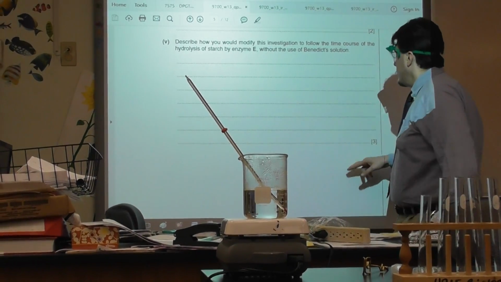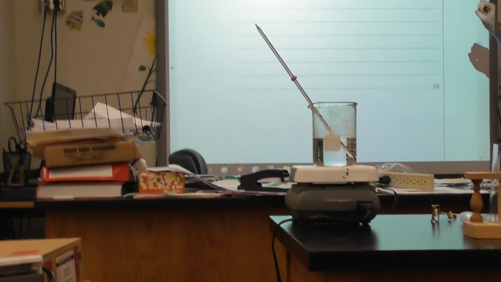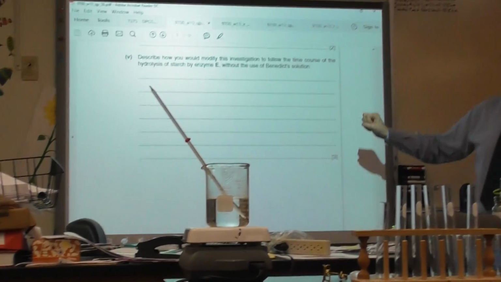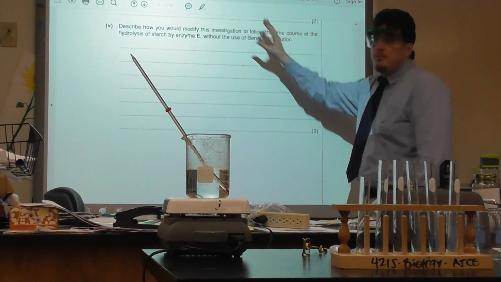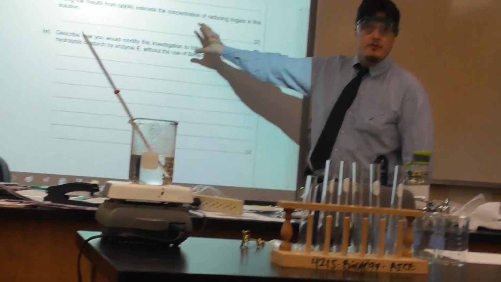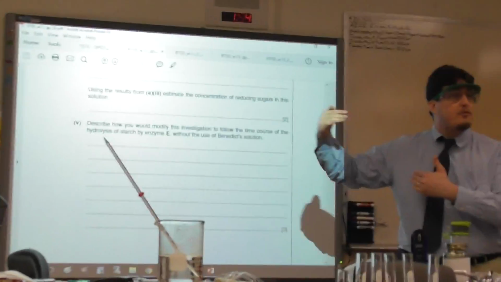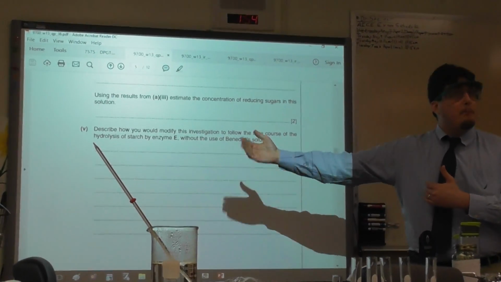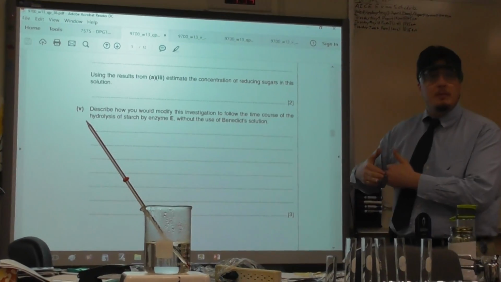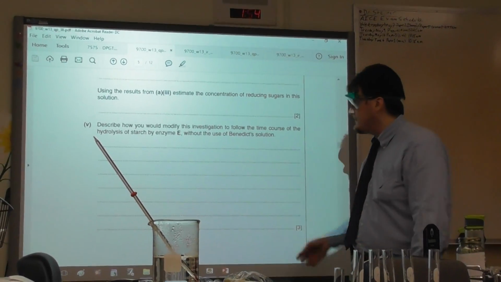All right. So that's worth 3 points to you, describing how you would test for starch without Benedict's solution. Remembering, of course, that testing with Benedict's solution, you are testing for the appearance of reducing sugar by breaking down starch. The other way, you would be testing for something else. You would do it some other way.